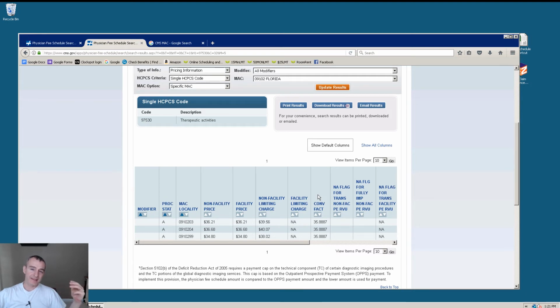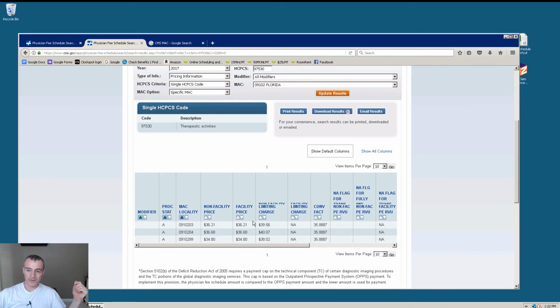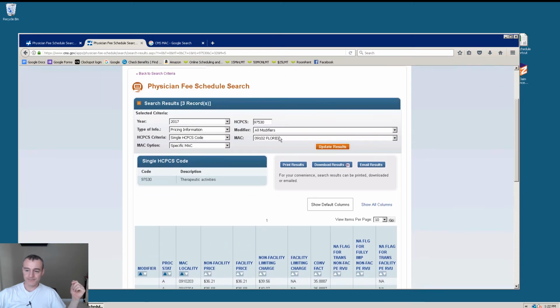Whereas closer to discharge, the level of treatment increases in terms of complexity and your goal, and so now you're doing therapeutic activity. And so what you would see is that the reimbursement increases with complexity in what the service is that you're providing. So, back to therapeutic exercise was 33 something, this is 36 something, therapeutic activity.